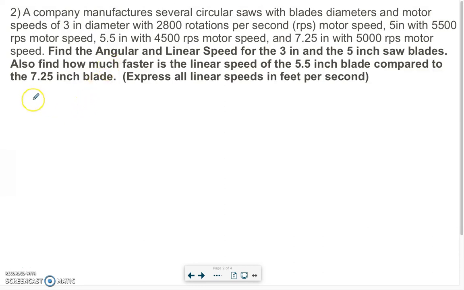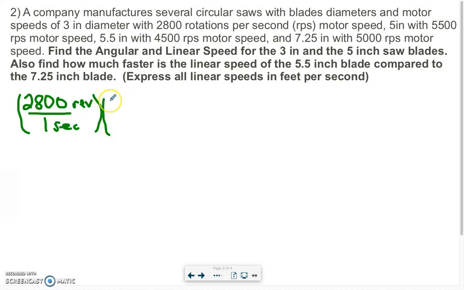It's like the axle compared to the tire. So to calculate the angular speed, we're going to do the 3-inch one first. We take 2,800 rotations in 1 second. We want to think of rotations as revolutions. To figure out angular speed, we need to think about what one revolution consists of.